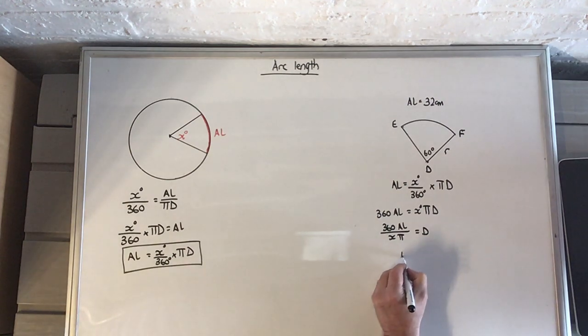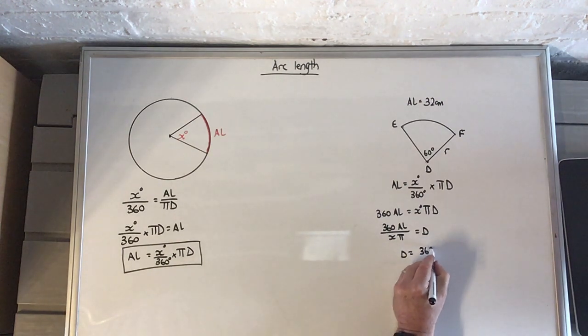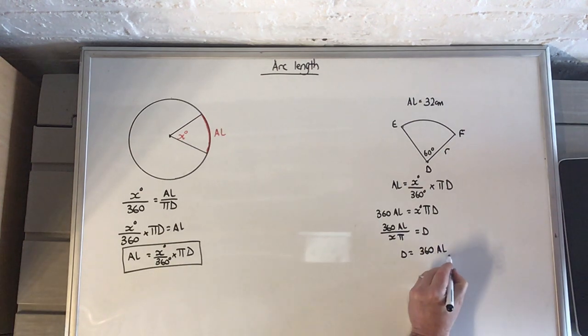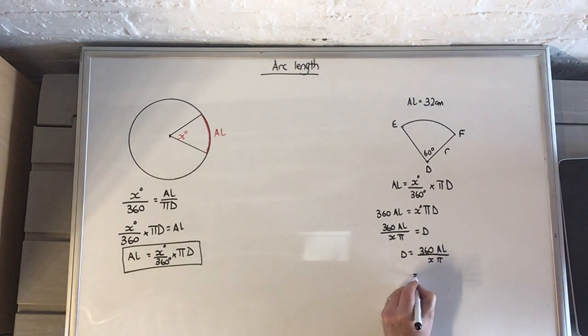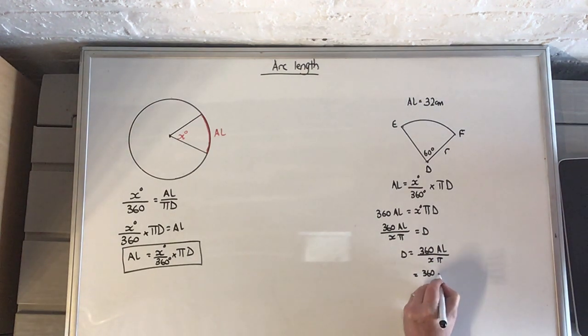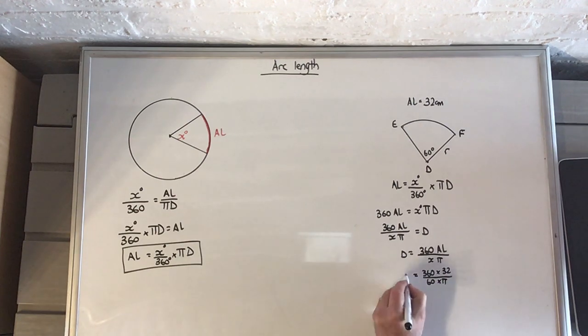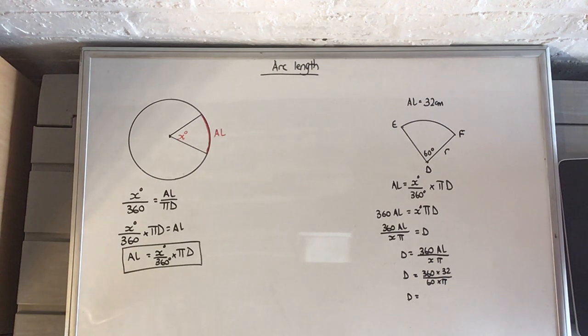Swap it round, so d is equal to 360 AL over x pi. Put the values in, 360 times 32 over 60 times pi. And working that through, d is equal to 360 times 32 divided by 60 divided by pi.